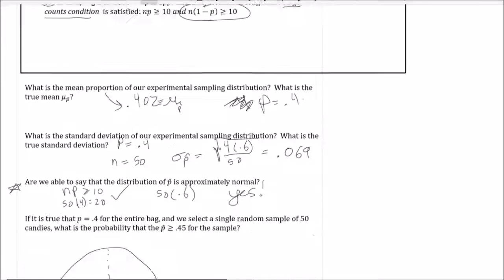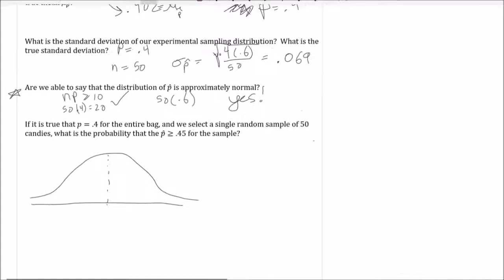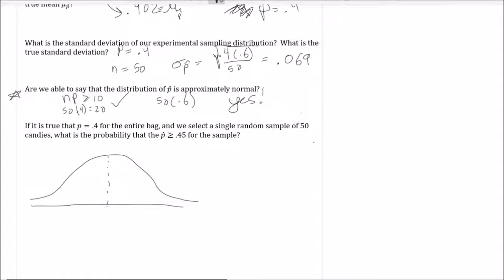So if the proportion is truly 0.4, which we're being told it is, this mean is 0.4. So I'm going to annotate it as mu sub p hat, and that's 0.4. Now in this question, we're asked, what's the probability that it's going to be greater than 0.45?